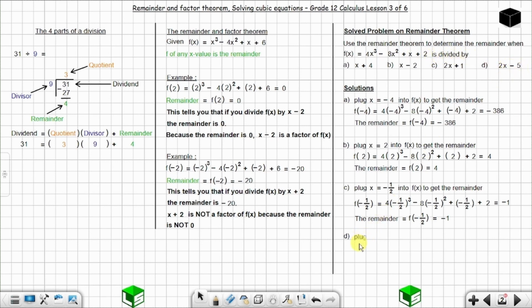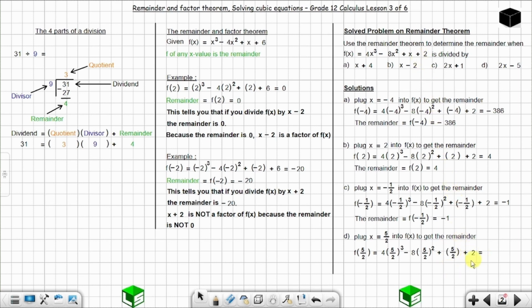You are going to plug x is equal to 5 over 2 into f of x to get the remainder. f of 5 over 2 is equal to 4 times x cubed, x is 5 over 2 cubed, minus 8 times x to the power of 2, x is 5 over 2 to the power of 2, plus x is 5 over 2, plus 2.